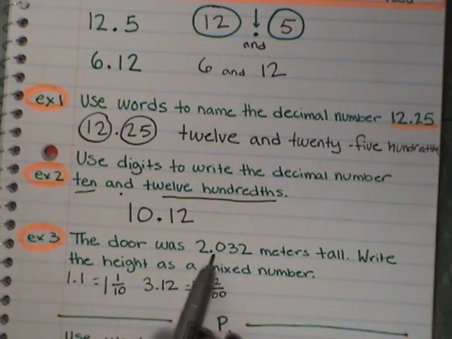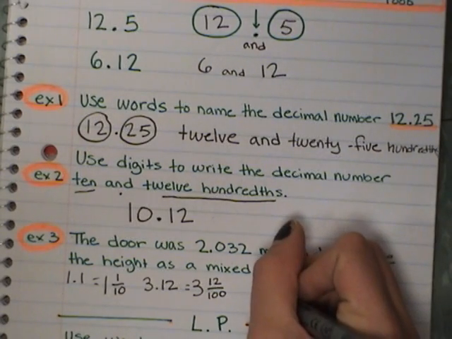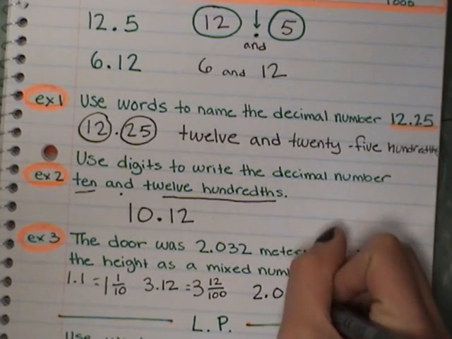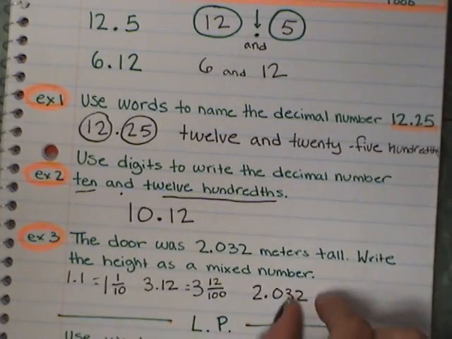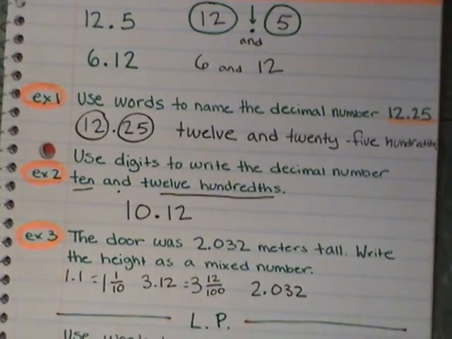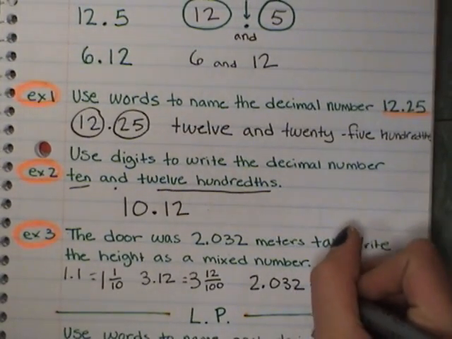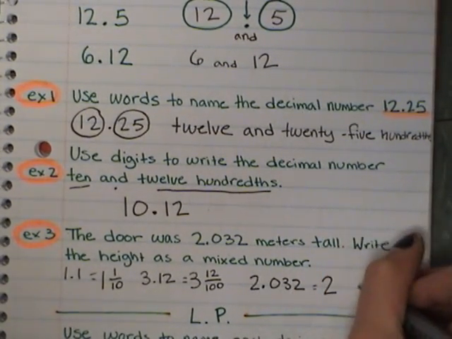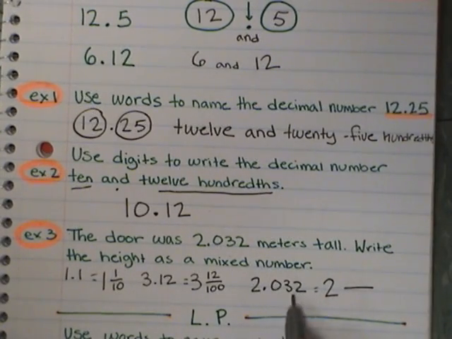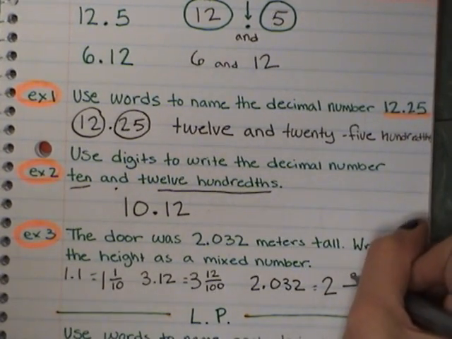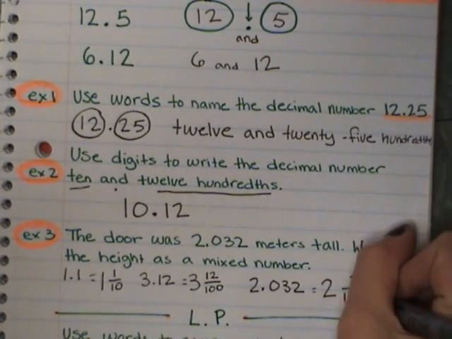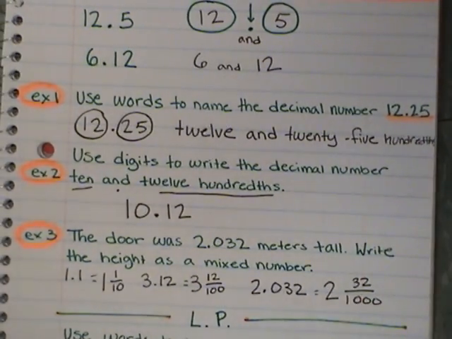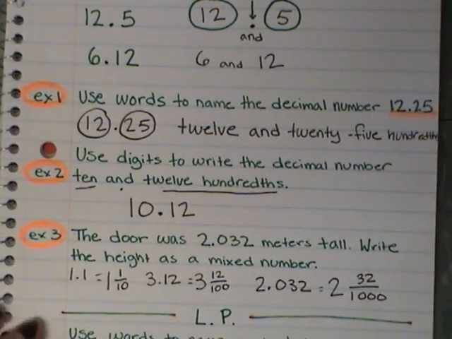So now if I have 32 thousandths, it would look like this. 2 and 32 thousandths, break it up into two different parts, your whole number and your decimal part. I would then make my mixed number. I have 2 wholes, and if I read this tenths, hundredths, thousandths, I have 32, but instead of over 10, over 100, it's now over 1,000. So 2 and 32 thousandths.